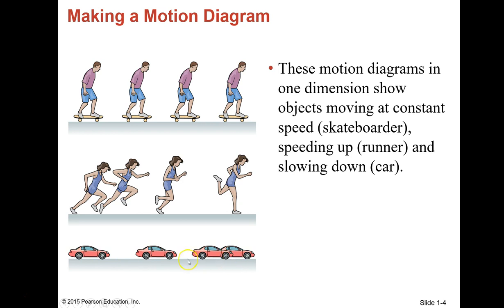For each picture, they're covering a shorter distance, so they're slowing down. Again, each picture represents a given time interval, and it's the same time interval between pictures. If the distances between are constant, it's going at a constant speed. If the distance intervals are increasing, they're speeding up. If the distance intervals are decreasing, they're slowing down.